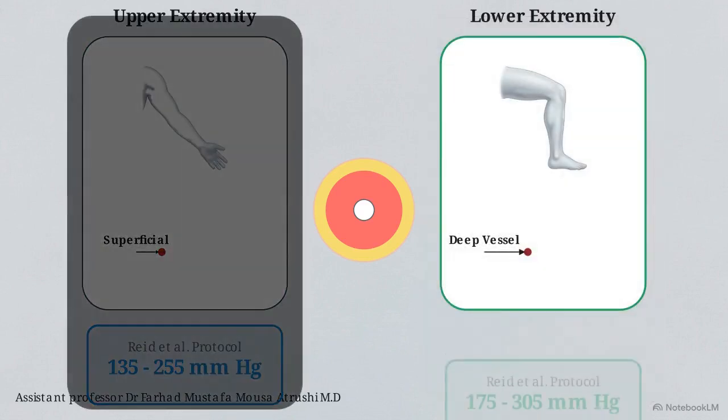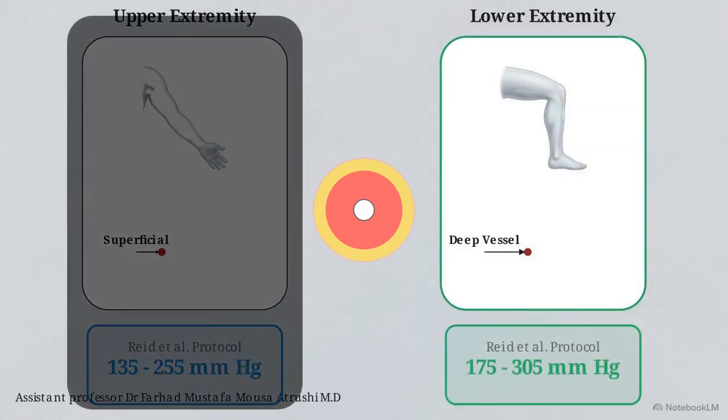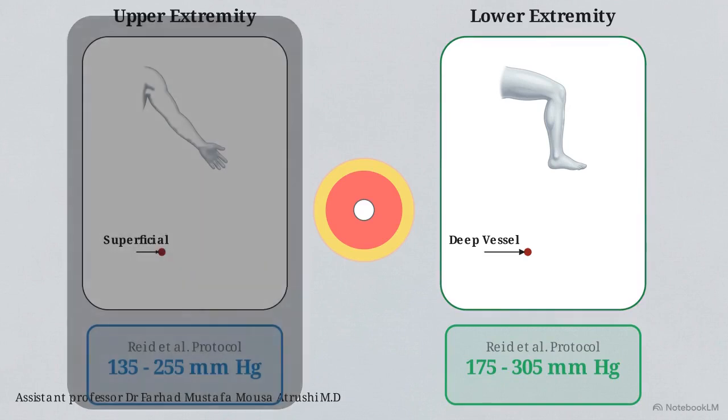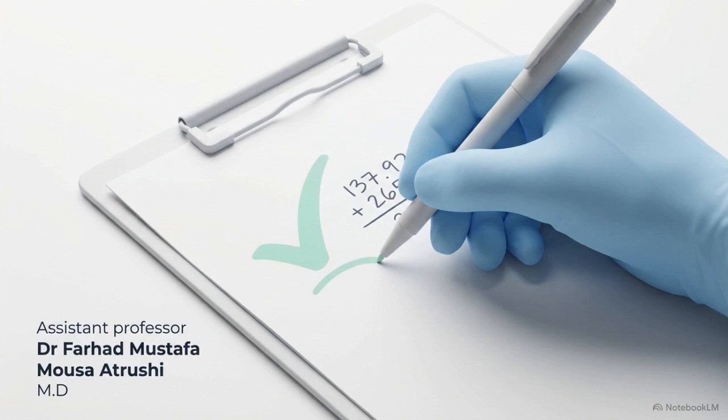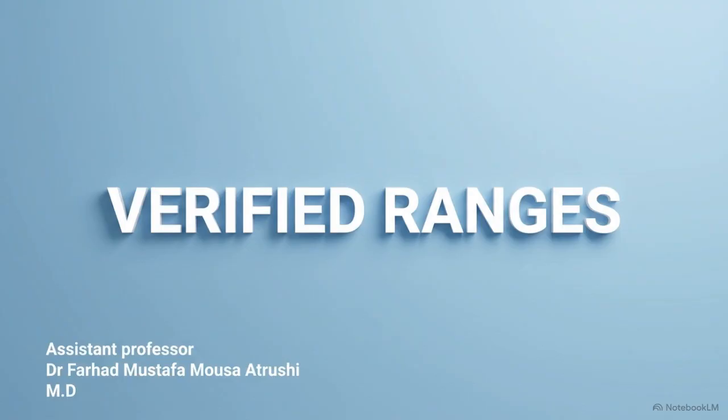For the lower extremity, the heavier tissue mass requires a higher functional range, usually between 175 and 305 millimeters of mercury. Clinicians use these established ranges to verify that their individualized Doppler-derived calculations are physiologically sound. Correctly applying the LOP algorithm reliably produces measurements within these safe, predictable anatomical bounds.